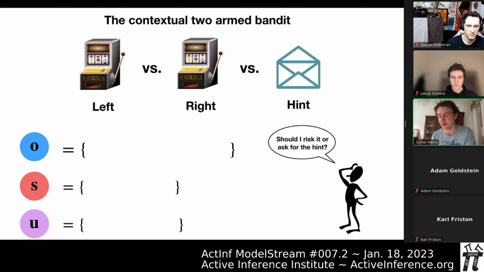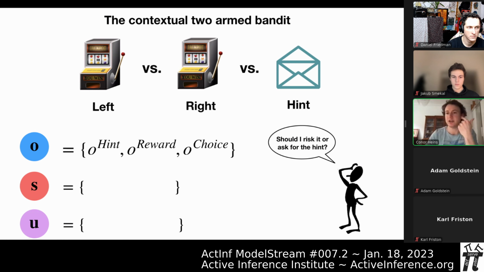First, we have this hint modality, which is the sensory channel the agent uses to perceive the hint. So just what is the state of the hint? Then there's a reward modality, which tells the agent whether it won or lost at the selected machine. And then finally, there's a choice modality, which is just the agent's proprioceptive observation of its own choice. This is equivalent to the GPS modality that we were working with in Grid World.